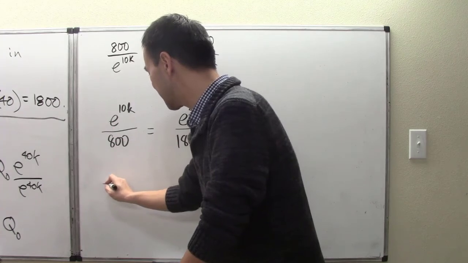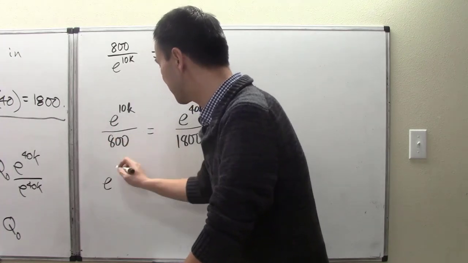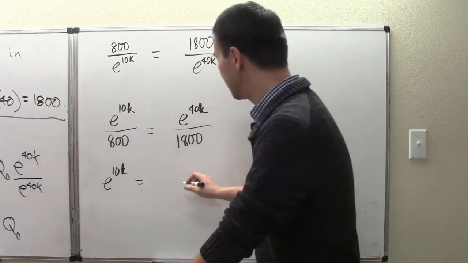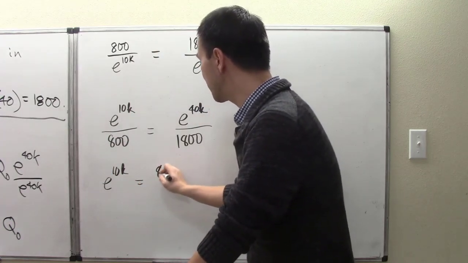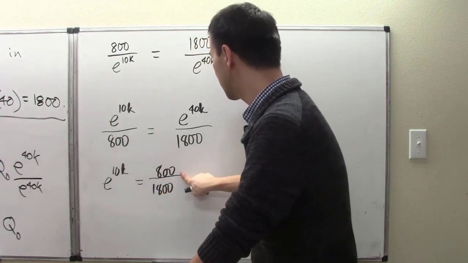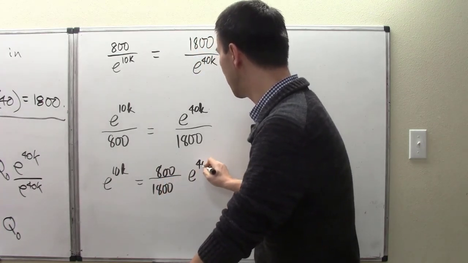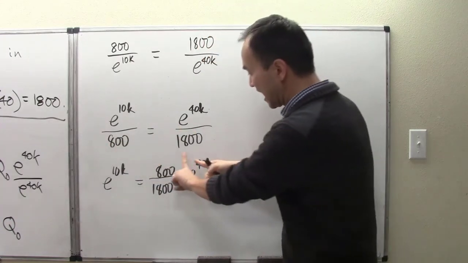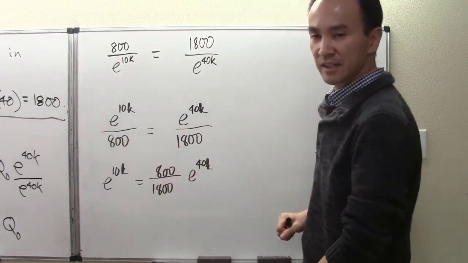Some more algebra steps right here. So on the left-hand side, I'm going to have e to the 10k equals 800 over 1,800 times e to the 40k. This is after I multiply the 800 to the other side and isolate that fraction 800 over 1,800.